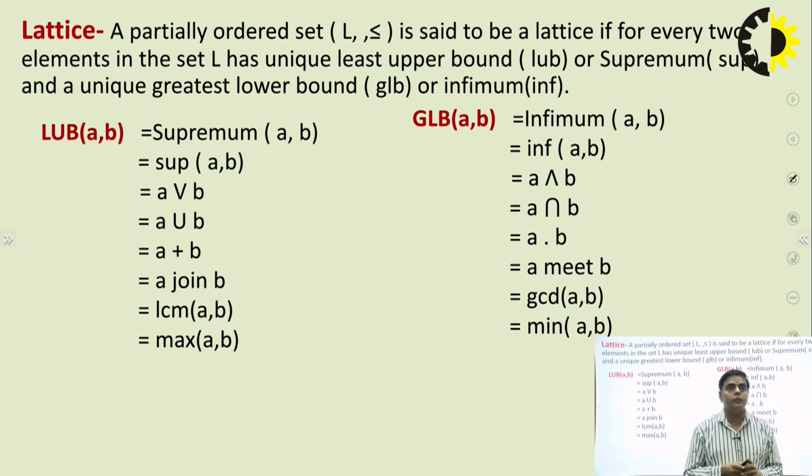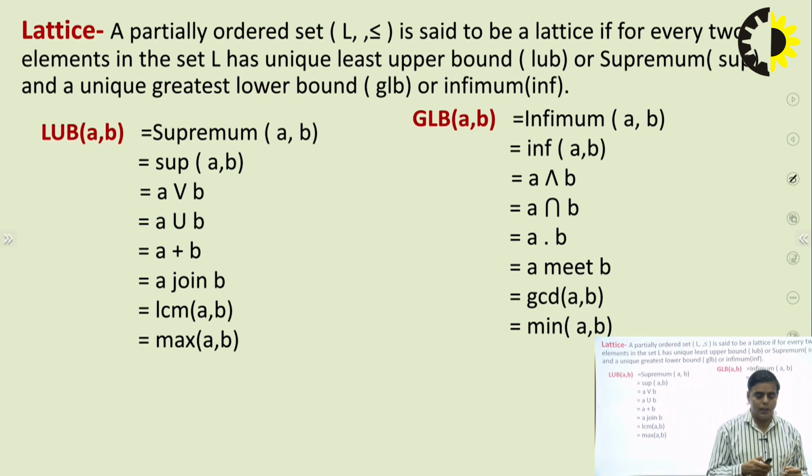These two are called the LUB and GLB, least upper bound and greatest lower bound. On the basis of the nature of the elements, if we have different types of elements, then we can find the LUB and GLB in different ways.